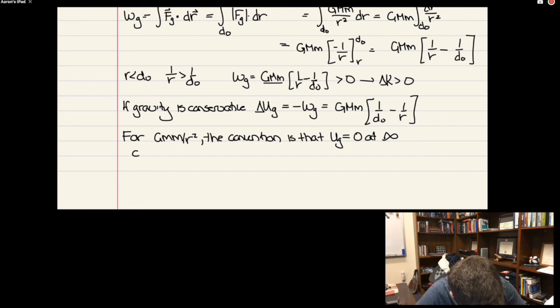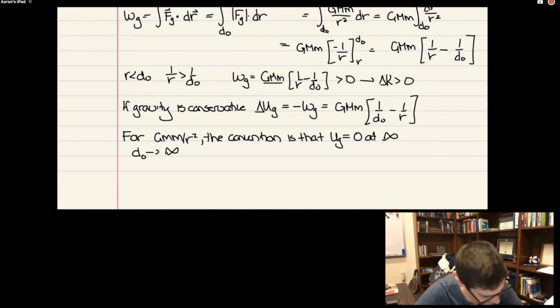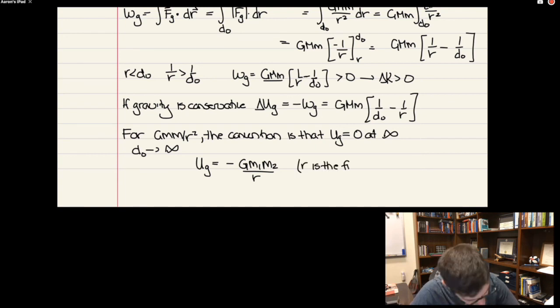So in what we did above, that was the convention of taking that d naught goes to infinity. Imagine separating the two objects slowly but surely, more and more and more. And then that allows us to write down a gravitational potential energy as G m1 m2 over r, where r is the distance between the two objects.